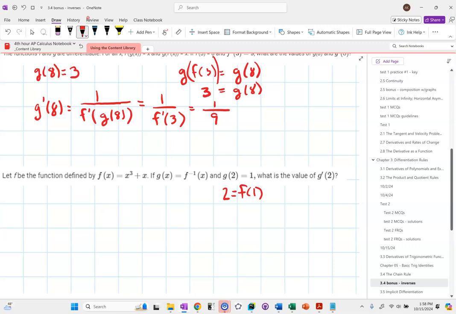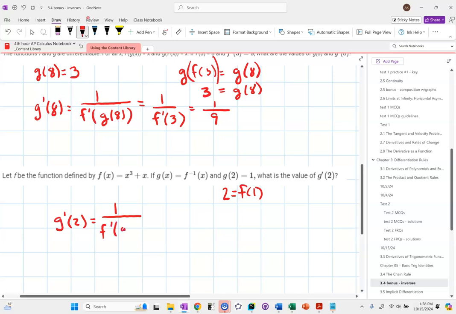So I can also, using my formula, g prime of 2 is going to equal 1 over f prime of g of 2. So I know then that if g of 2 is equal to 1, I have 1 over f prime of 1, right?